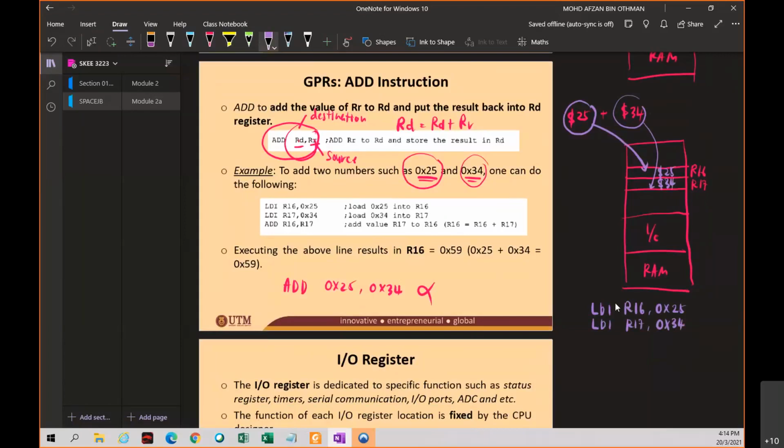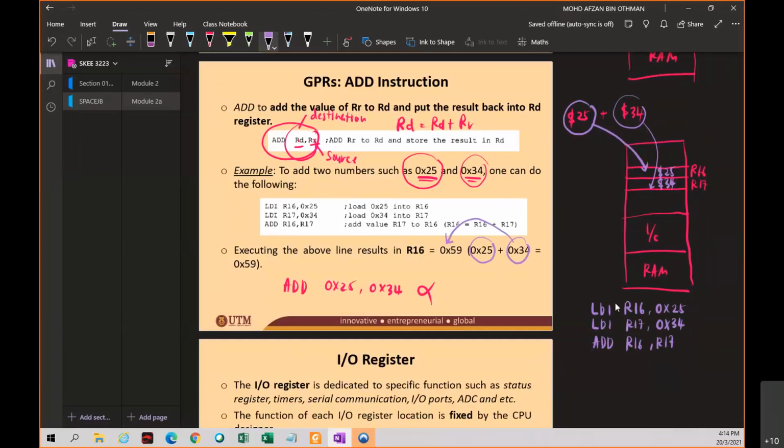So next, what are we going to do? Barulah kita tambahkan dia by using this instruction. So ADD R16, R17. What happens here? 25 kita tambah dengan 34, hasil dia 59 akan disimpan dalam R16.